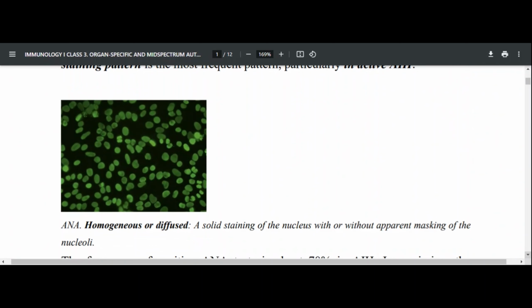This is actually a solid staining of the nucleus without apparent masking of the nucleoli, but sometimes apparent masking of the nuclei is also noted. That is what you call homogeneous staining in immunofluorescence antinuclear antibody staining.